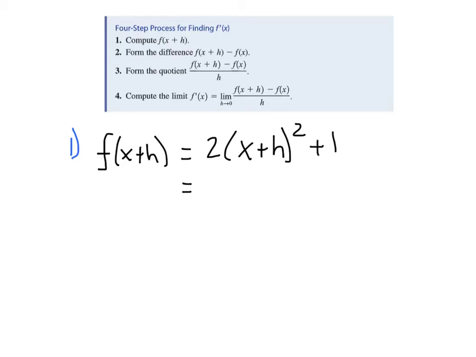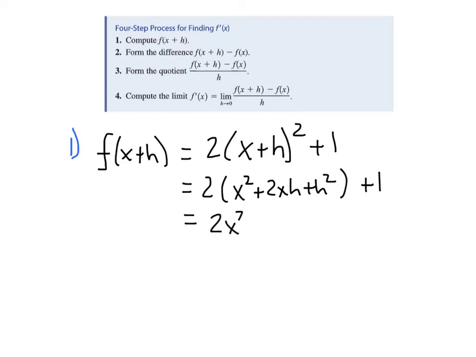Let's FOIL this and simplify. So I get 2 times (x squared plus 2xh plus h squared) plus 1. Distribute the 2. I get 2x squared plus 4xh plus 2h squared plus 1.